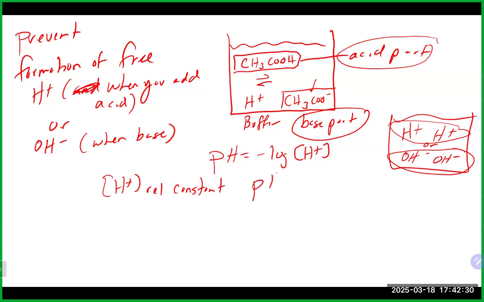And because of that, the pH will also stay relatively constant. Again, I say relatively constant, like I talked about last time. If you put a pH meter on it, maybe like what you're going to do today, you will actually see the pH move one way or the other, but we won't see really giant swings in pH when you add acid or base to your buffer if you made a good buffer.